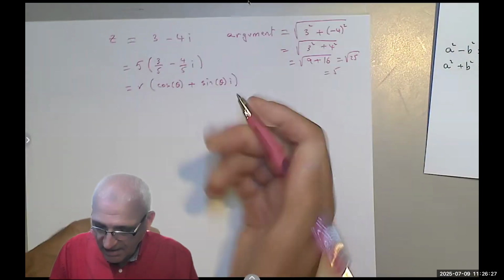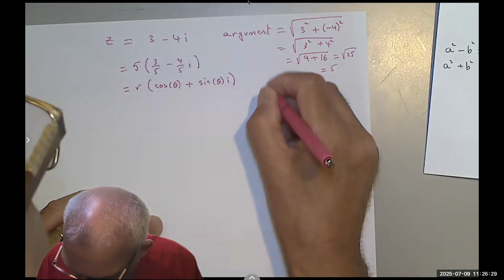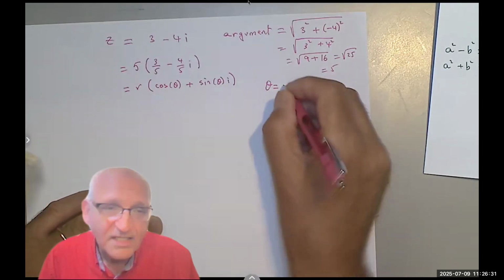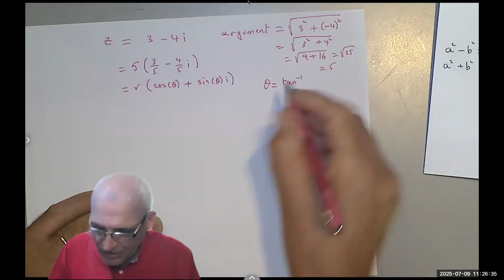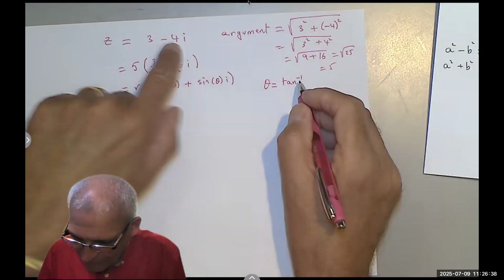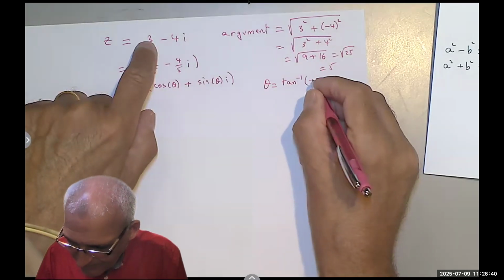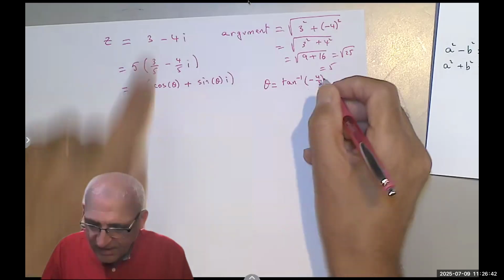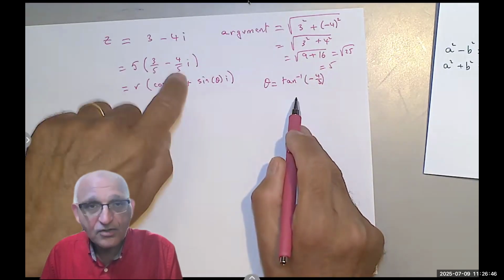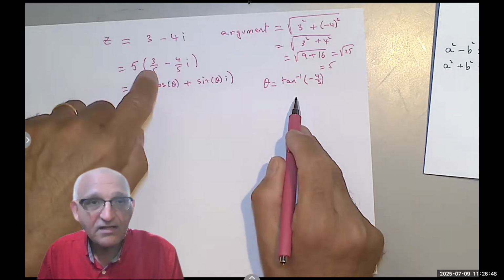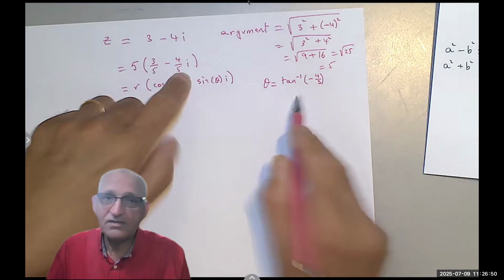In fact, I can say also that theta, in this case, is arctan, the angle whose tangent is negative 4 over 3. Or I can say theta is arc sine of negative 4/5, or arc cosine of 3/5.